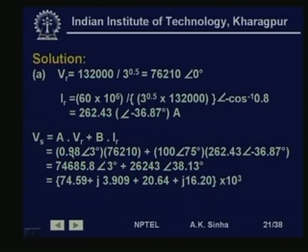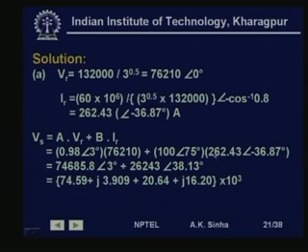A is given as 0.98 angle 3 degrees, Vr is 76,210 volts, plus B is given as 100 angle 75 degrees, and IR is 262.43 with an angle of minus 36.87 degrees. Here we have not taken any angle for Vr, because the angle of Vr is 0 degree, which is the reference angle with respect to which we are calculating all angles.